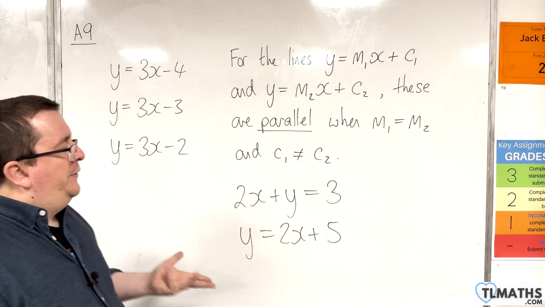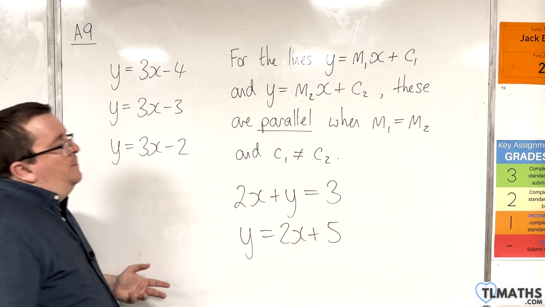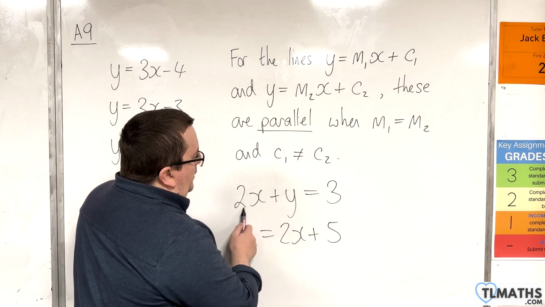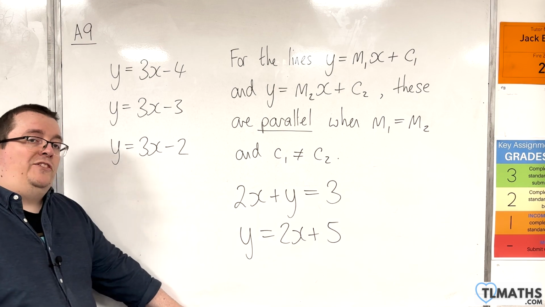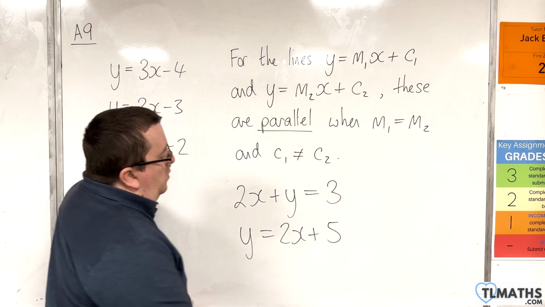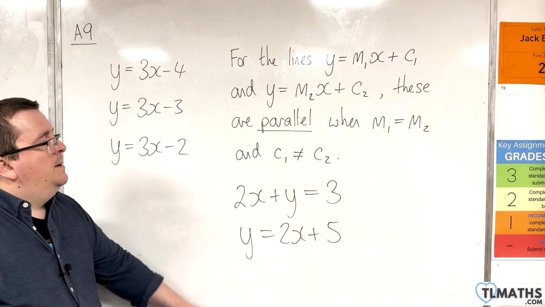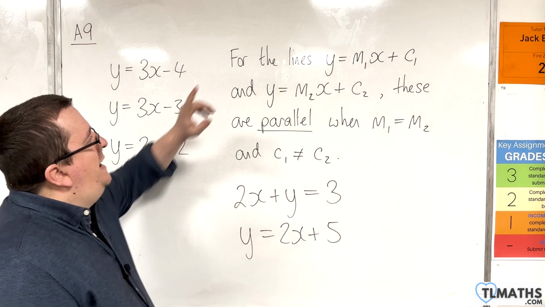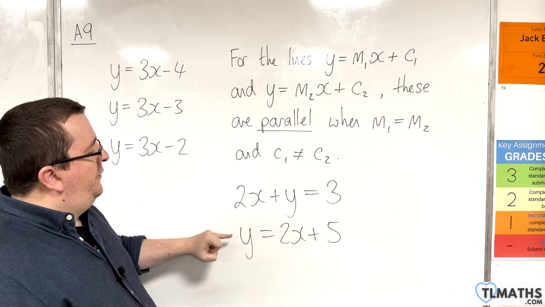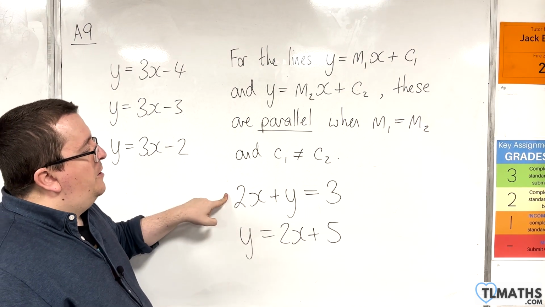Upon first sight, you might say yes, because the number in front of the x in both these cases appears to be 2. And so, because they're the same, you might think they're parallel. But they're not in this structural form. The second one is, the first one is not.